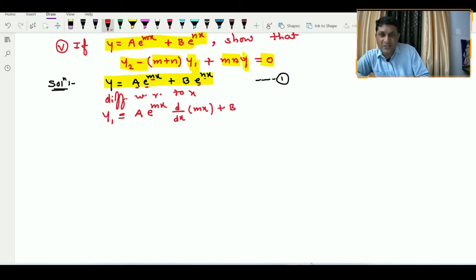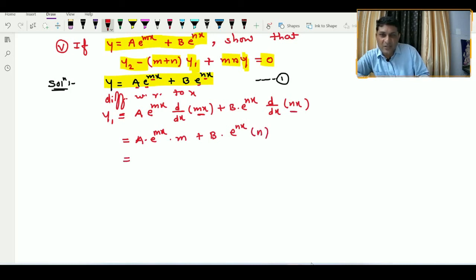Again the derivative of e raised to power nx is e raised to power nx into the derivative of nx. So which is equal to a into e raised to power mx, keep it as it is. What is the derivative of mx? It will be equal to m, plus b as it is, e raised to power nx also as it is. What is the derivative of nx? It will be equal to n.